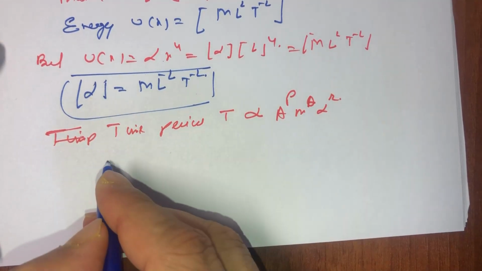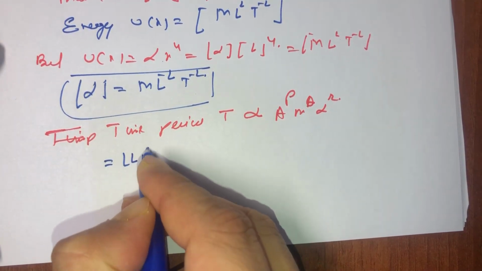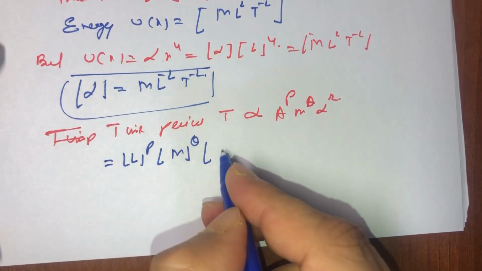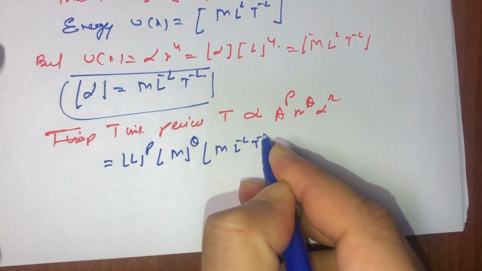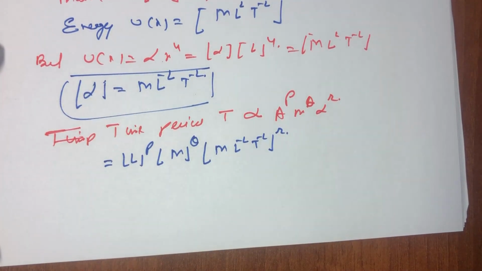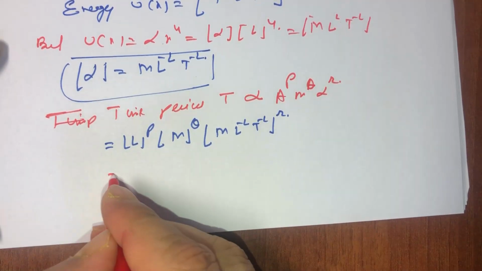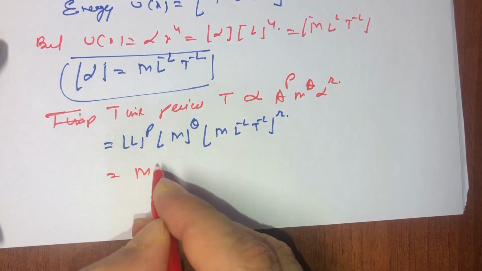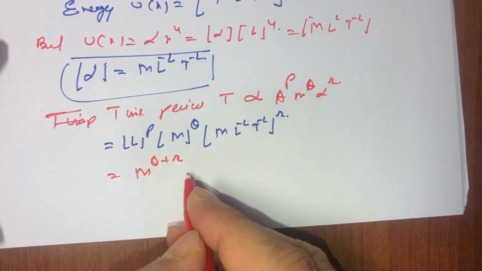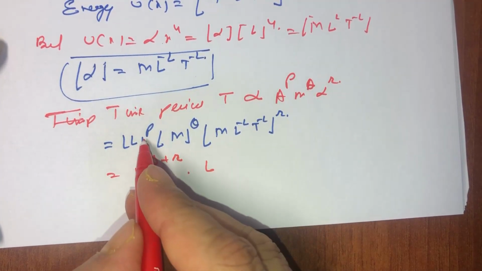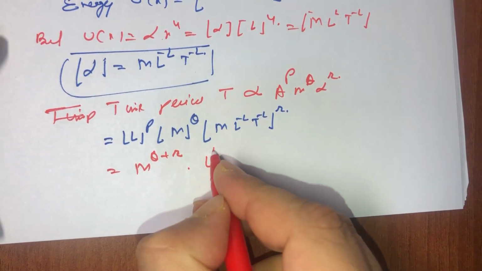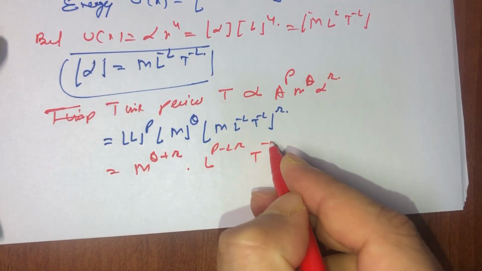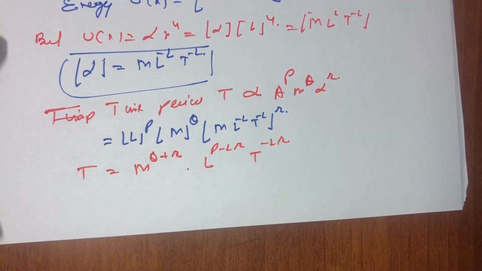A is L raised to power P, M is mass raised to power Q, and alpha is M L minus 2 T minus 2, raised to power R. This can be expanded as M raised to power Q plus R, L raised to power P minus 2R, and T raised to power minus 2R, and this is equal to T.